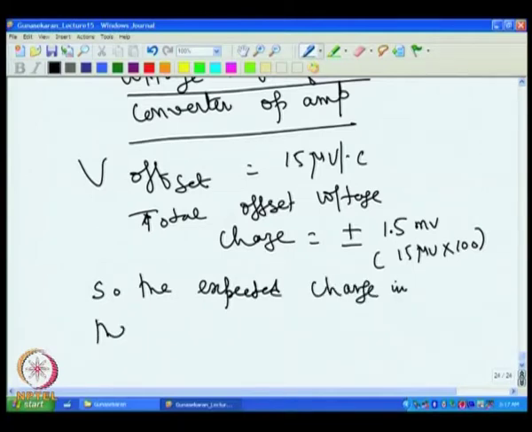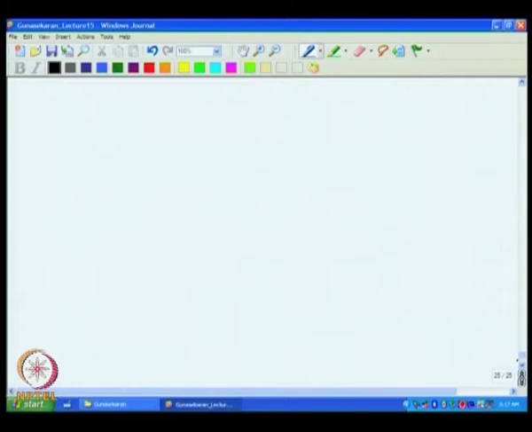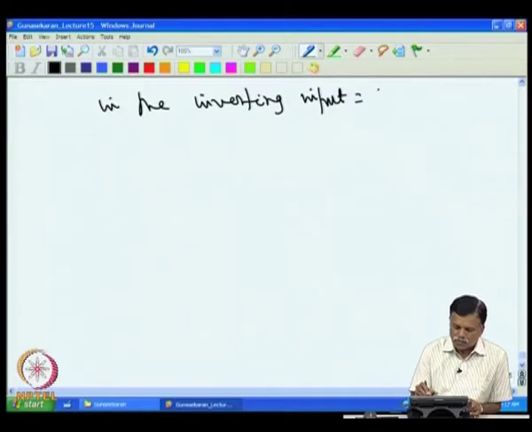in the non-inverting input is 1.5 millivolt, that is equal to the expected change in the inverting input as well, that is also equal to 1.5 millivolt.